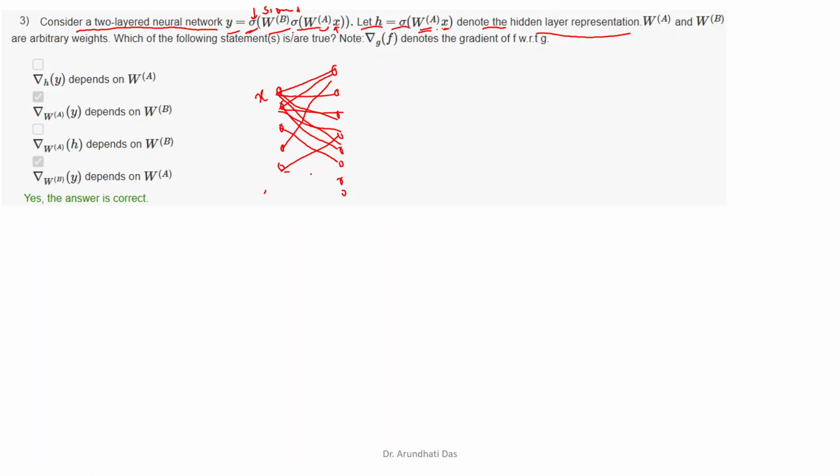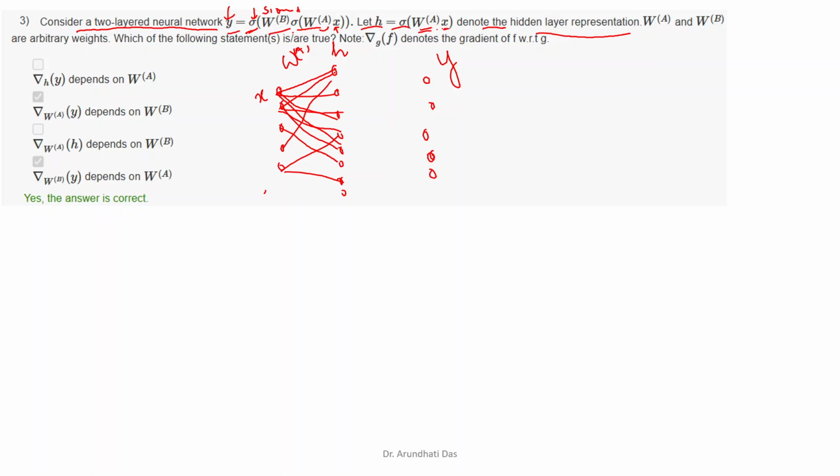Now this hidden layer we denote as h, and this is obtained from the weight matrix W superscript A, which is multiplied with x. Then what is the final value? The final value or the output layer is denoted as y.